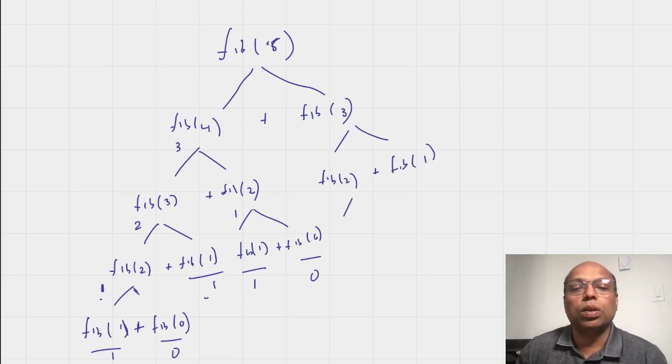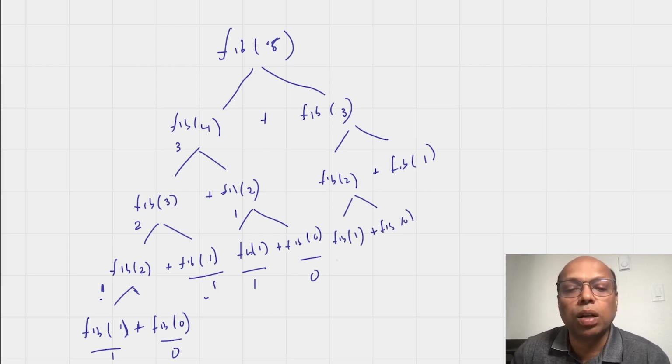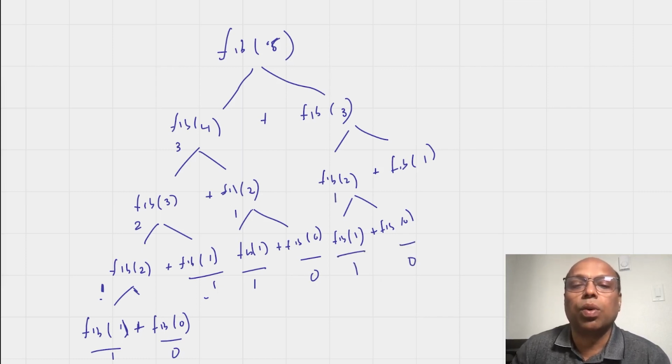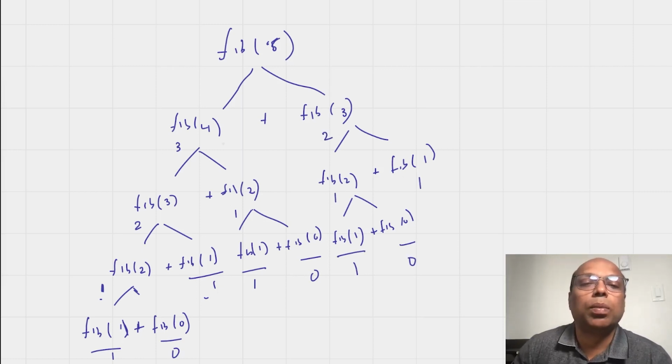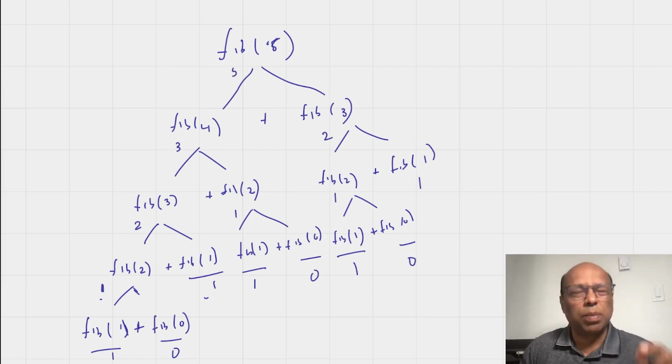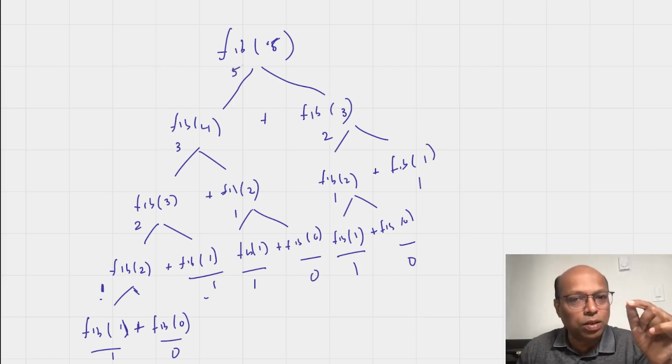Fibonacci of 2 is Fibonacci of 1 plus Fibonacci of 0: 1 plus 0 is 1, and 1 plus 1 is 2. Then 3 plus 2 gives 5.